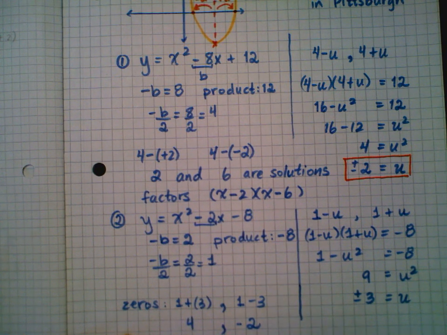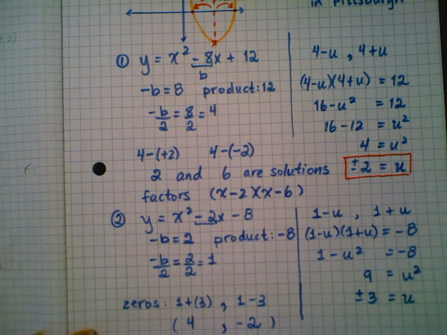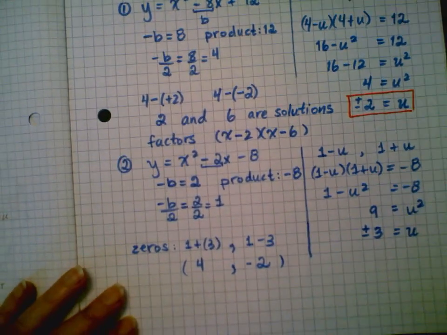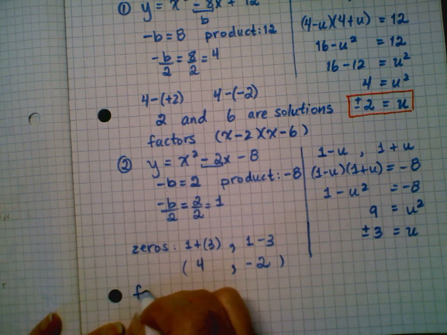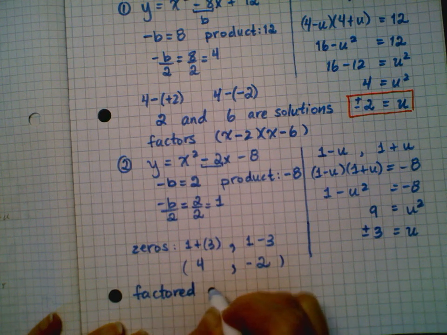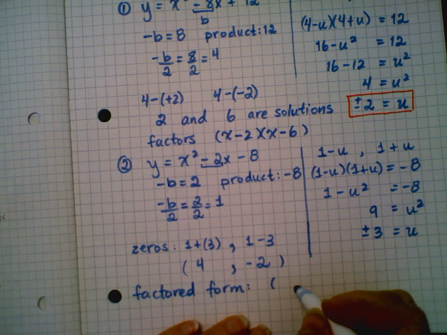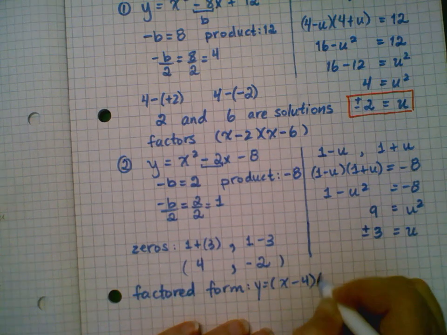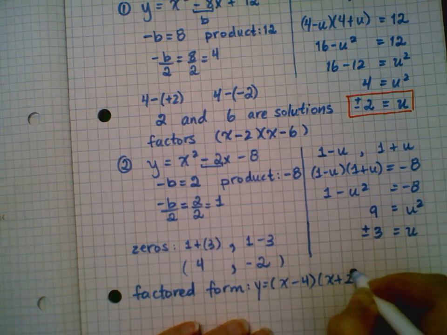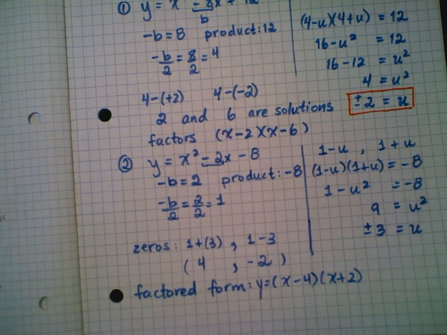If I was being asked to find the factored form of this quadratic, I could do that very quickly. It's going to be y equals x minus 4, x plus 2. And that is the Po-Shen Loh method.